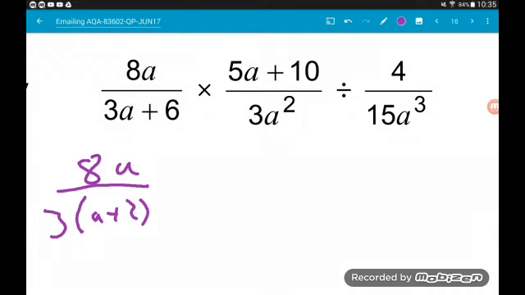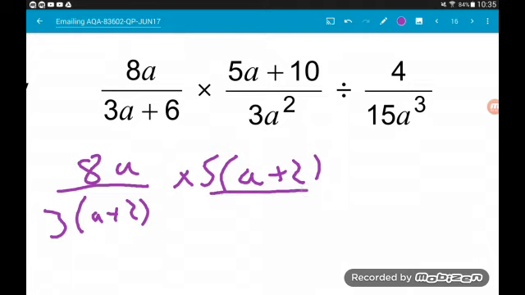And we're multiplying that by, well, 5a plus 10, we can factorise that to 5 lots of a plus 2. And then the bottom, we can't really do anything with 3a squared.